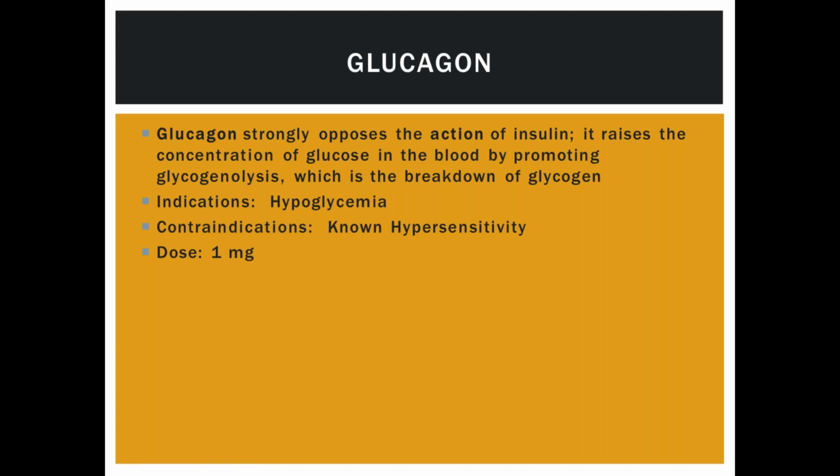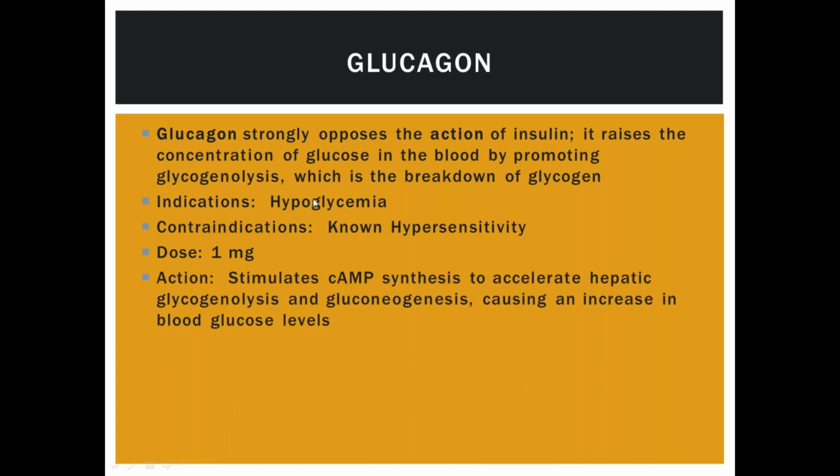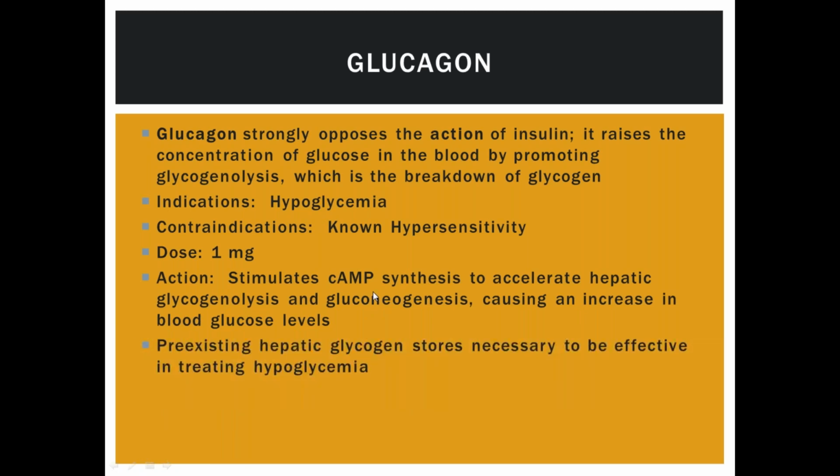Our dose for glucagon is going to be 1 milligram. And then our route is going to be subcutaneous injection. Mechanism of action: it's going to stimulate the synthesis to accelerate that hepatic, bunch of fancy words. It's going to increase the blood glucose level is what we're concerned about.